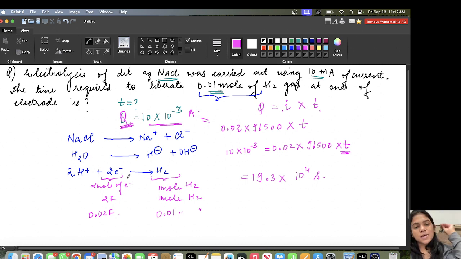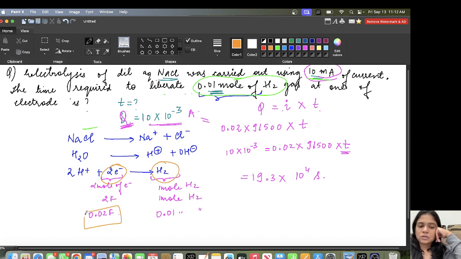So what was the actual question? The electrolysis of NaCl was done using 10 milliampere. What does milliampere mean here? 10 into 10 to the power minus 3. Electrolysis of this is done. What do we need? The time required to liberate how much hydrogen? 0.01 mole of hydrogen. How will it get liberated? If we give 0.02 Faraday of current.